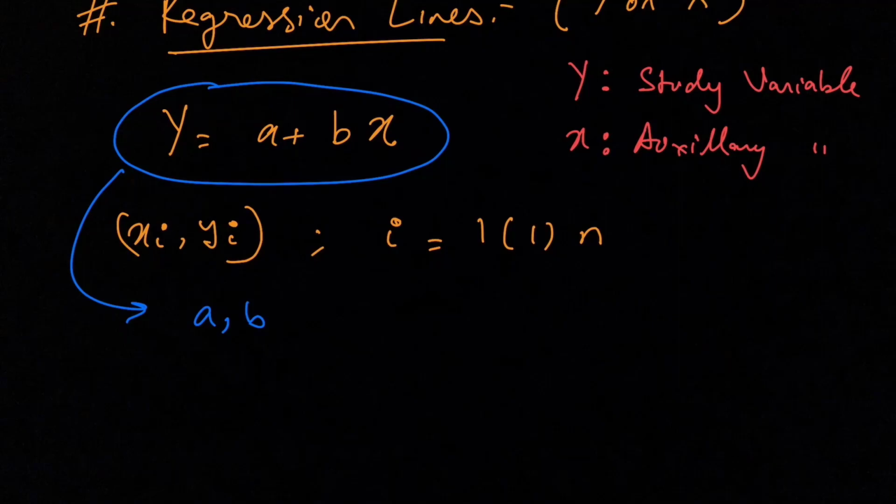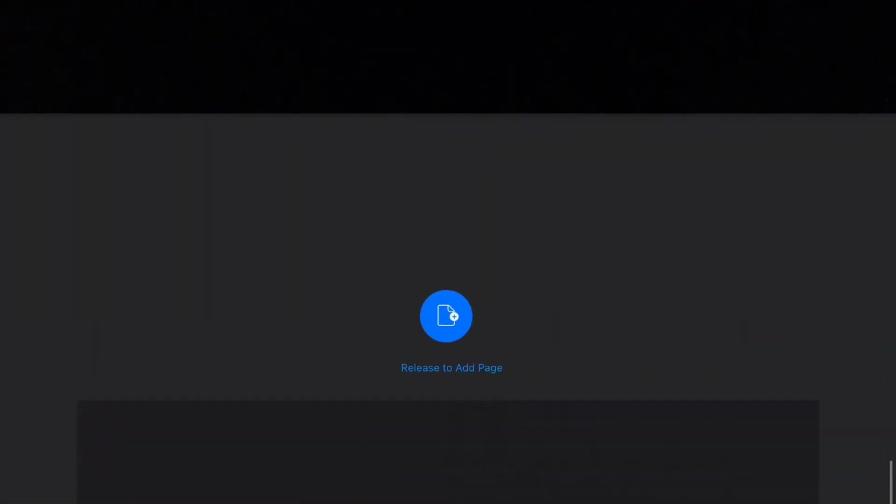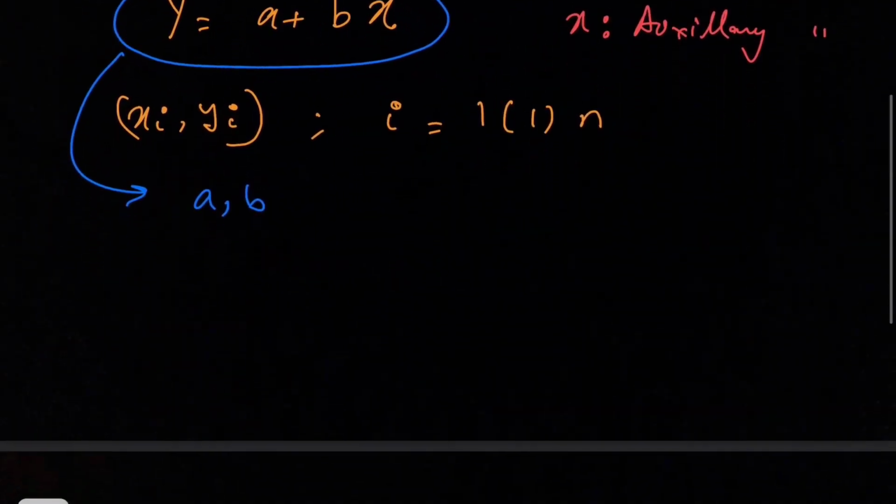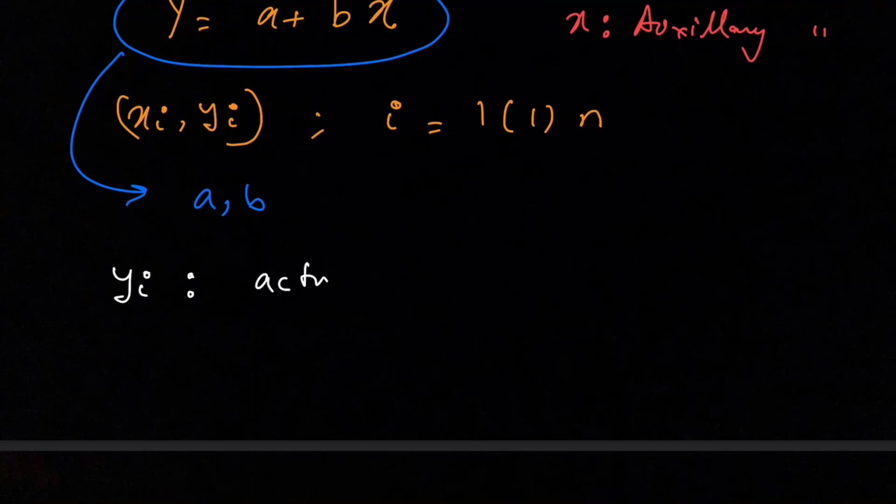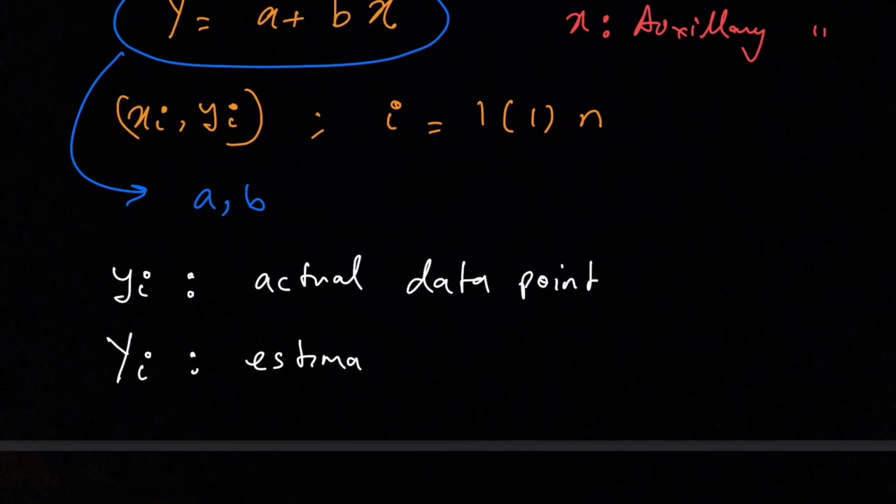So let's just say the error actually would be, yi is the actual data point, and capital Yi is the estimated data point.